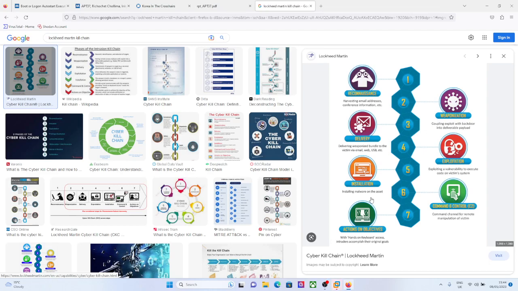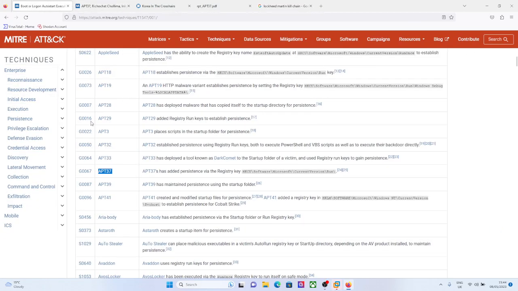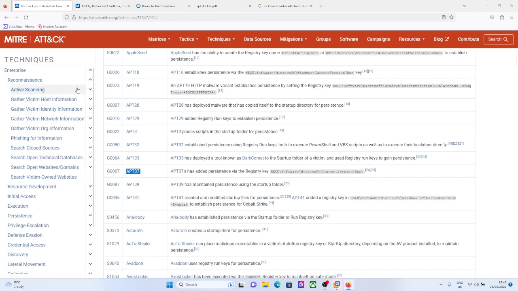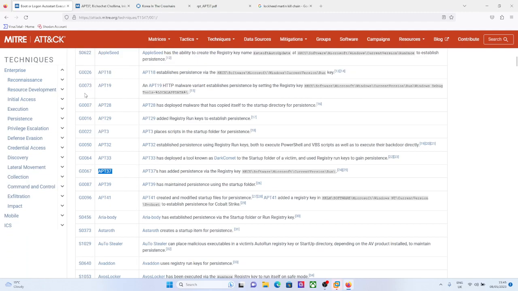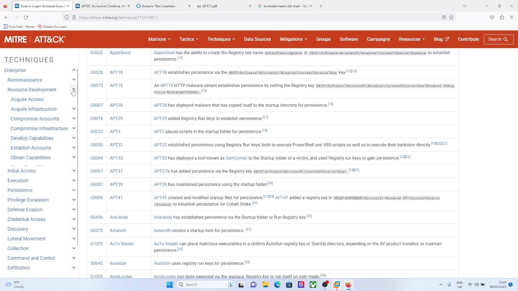They perform their ultimate goals, like stealing data, disrupting the environment, ransoming the environment, so on and so forth. So MITRE ATT&CK basically models these activities, like for example reconnaissance. There are techniques and sub-techniques. Resource development: how they acquire infrastructure, how they build their attacking environment, and other stuff.